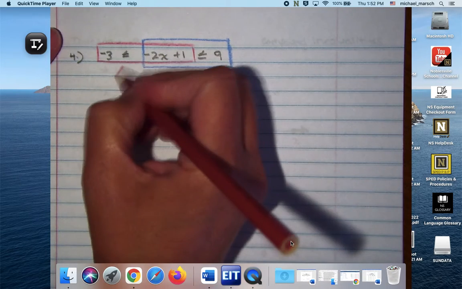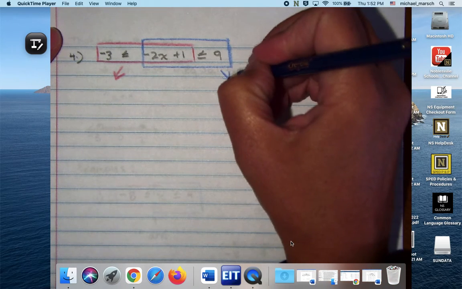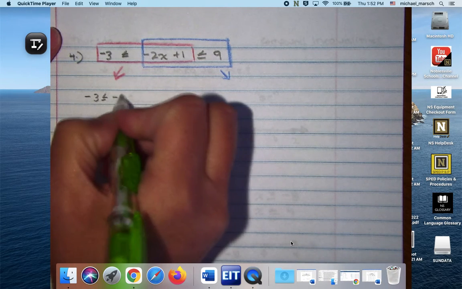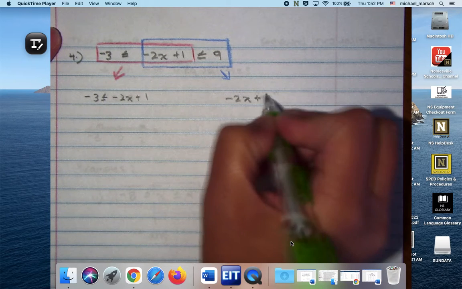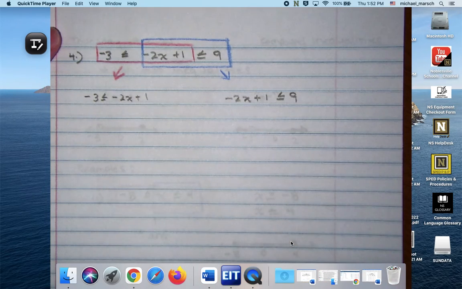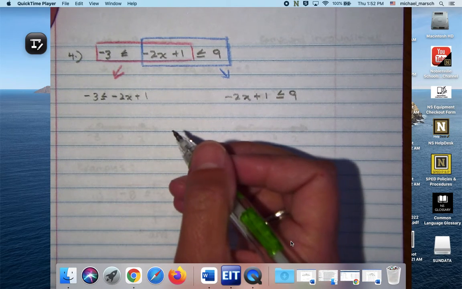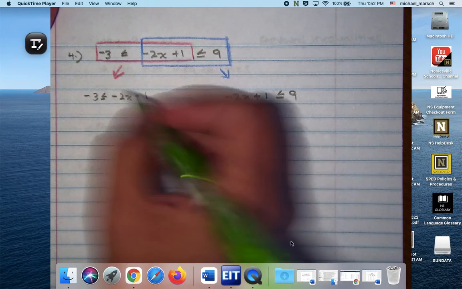So exact same process. I'm going to create a red inequality and a blue inequality. I'm going to solve them.